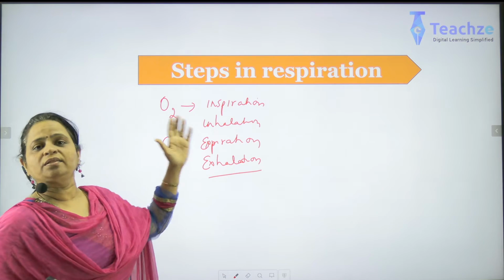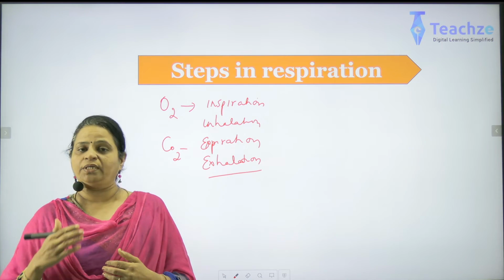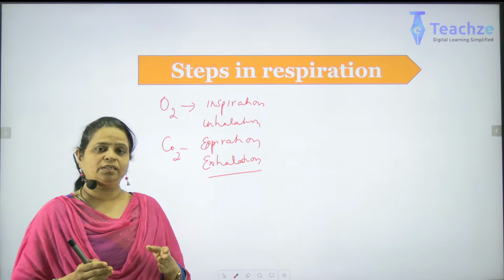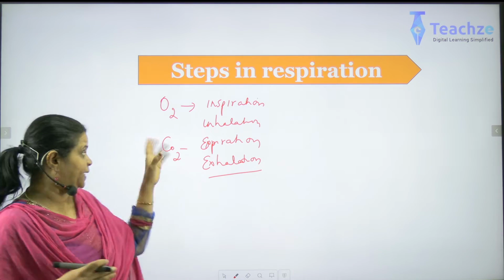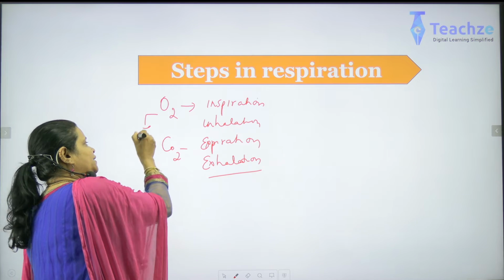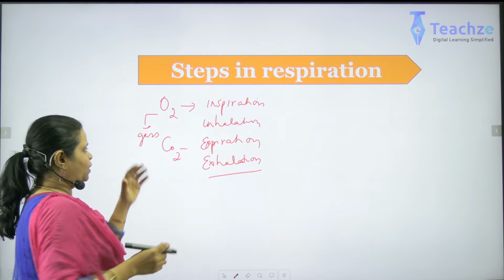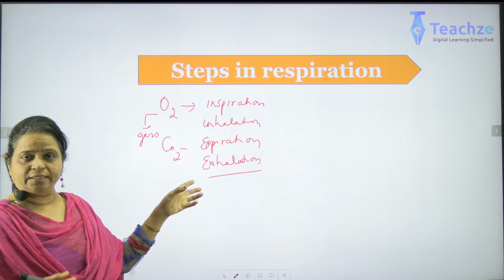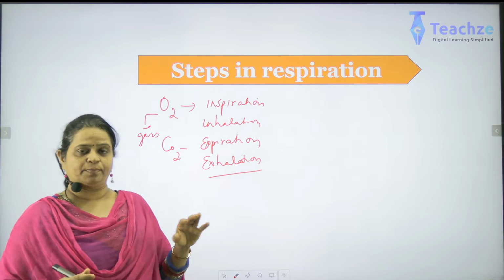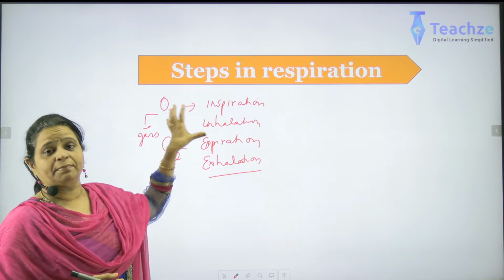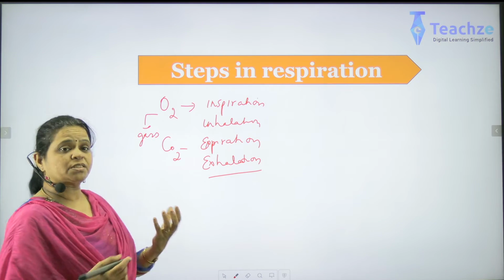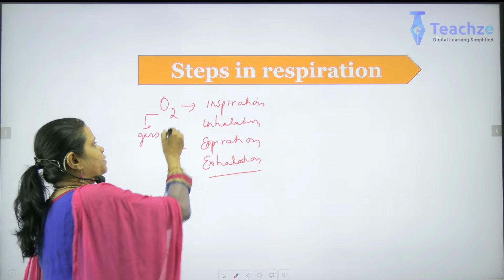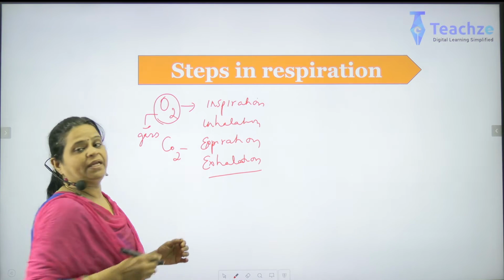Now, we all think that we take in oxygen and leave out carbon dioxide, but it is not a fact that whenever we breathe in air, it is only oxygen which we breathe. We breathe other gases also. Along with oxygen, carbon dioxide, nitrogen, many gases come inside our body. But the maximum amount which is helpful for the respiratory process, because we all live on oxygen, is oxygen, so more oxygen is being taken in.